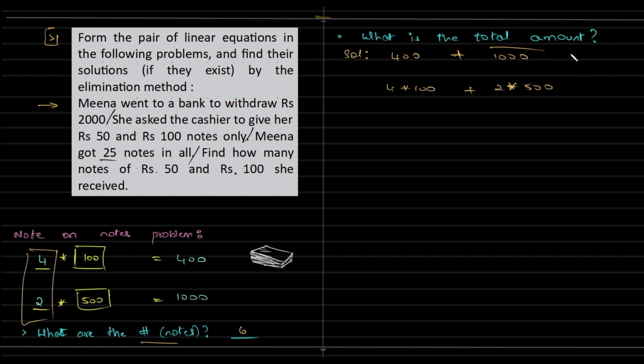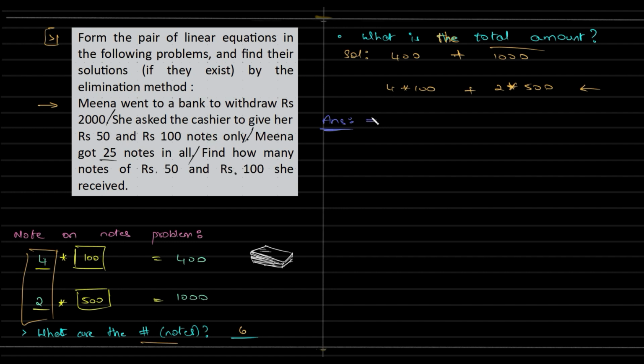Yes, I could have written it as 1400, but for a reason I've written it this way. So approaching it this way is very important. Now, the very next step is the solution itself. So we are ready to answer the question.